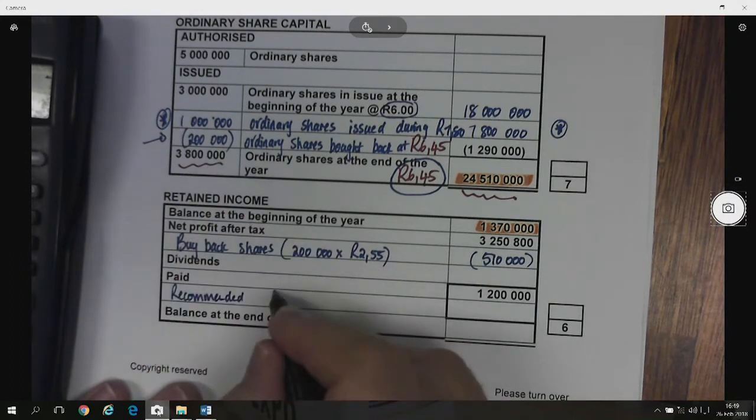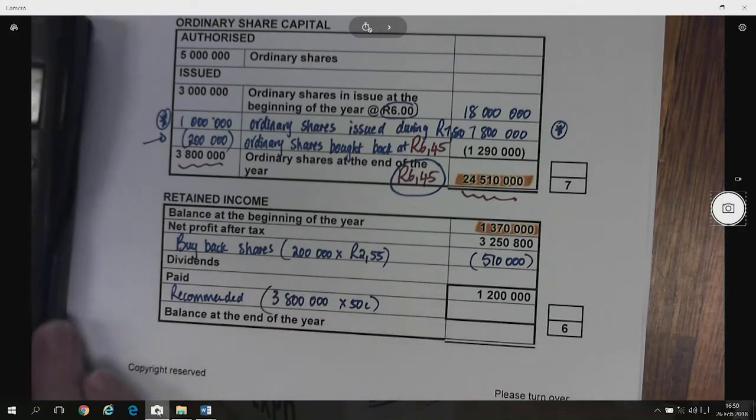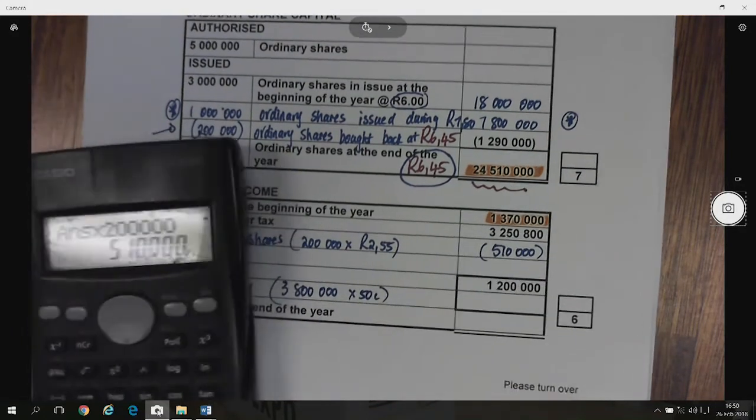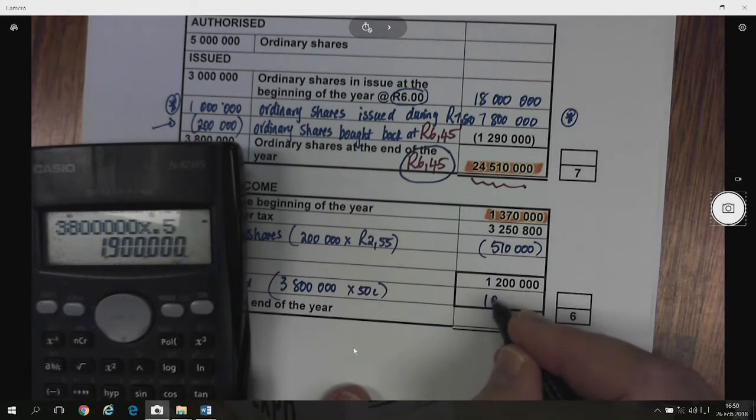You work with the 3,800,000 shares times 50 cents, and that gives us 1,900,000 rand.